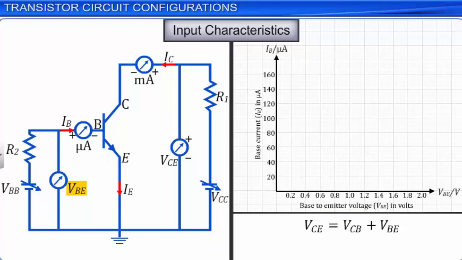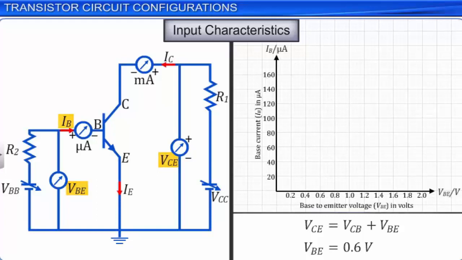An increase in VCE appears with an increase in VCB, keeping VBE constant. Thus, the effect on the base current IB is negligible. Hence, the different constant values of VCE give almost identical curves for the input characteristics.